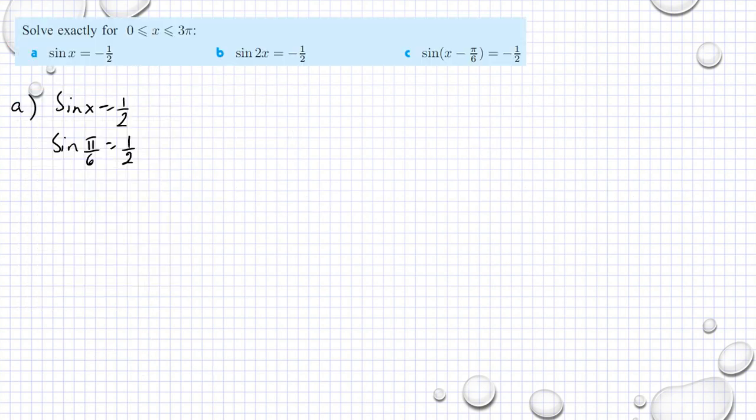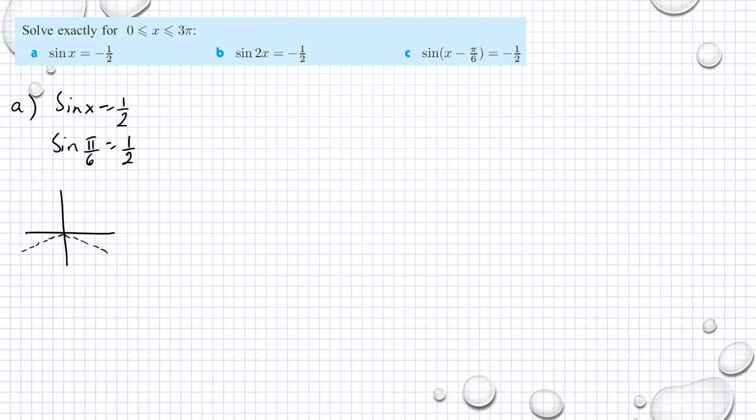But now we have negative. That means in a quadrant, this is our y value. That means we have negative, so we are here on the third quadrant and on the fourth quadrant. Okay, and then we have 3 pi.